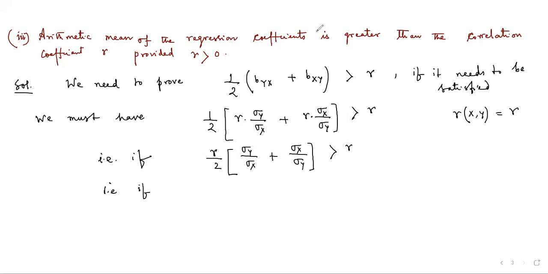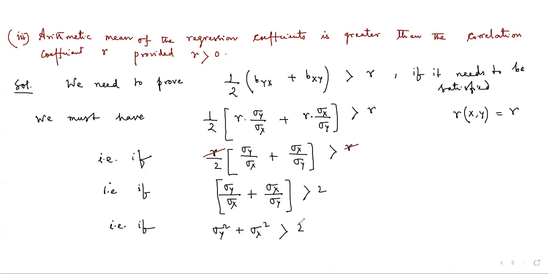You can cancel r from both sides, so sigma y by sigma x plus sigma x by sigma y should be greater than 2. That is, sigma y square plus sigma x square greater than 2 sigma x sigma y.